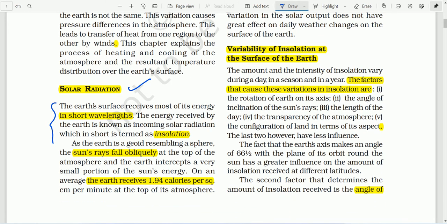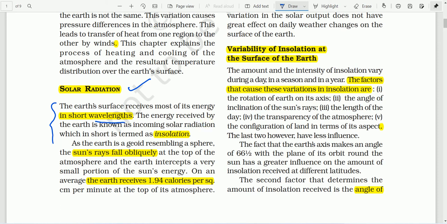The Earth's surface receives most of its energy in short wavelengths. You must know that we receive energy in the form of electromagnetic waves from the sun, and most of its energy is in the form of short waves.